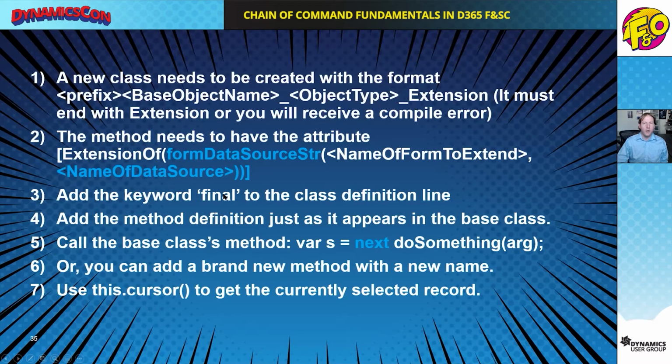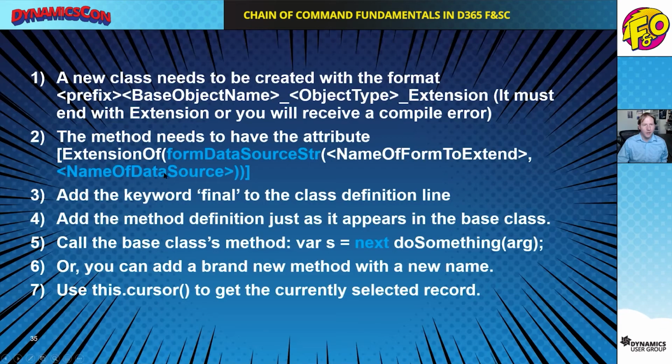When we're doing chain of command on a form data source, this gets slightly more complicated. We have to use the method form data source string, the name of the form, comma, the name of the data source. So if you're doing chain of command on the sales table form and the sales line data source, we would say sales table, comma, sales line to tell it which data source.